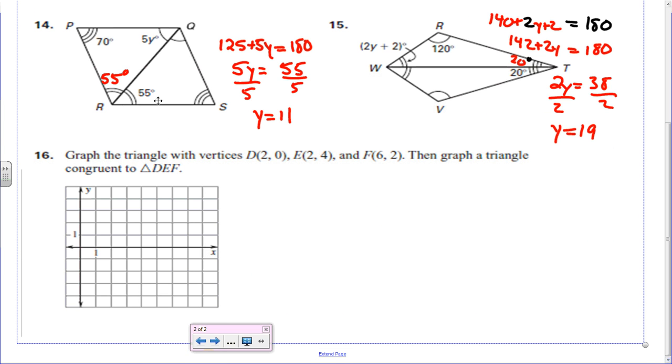Number 16, graph the triangle with vertices 2, 0. So that's D. 2, 4. That's E. And 6, 2.